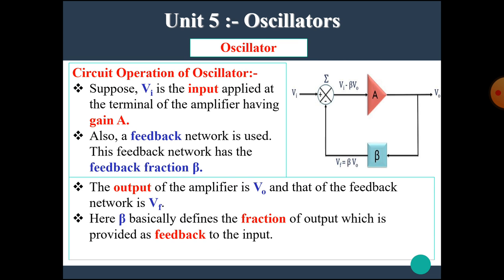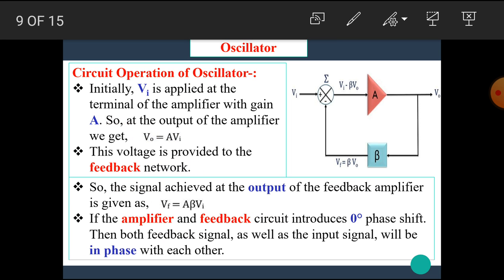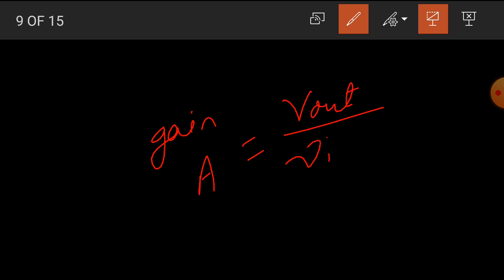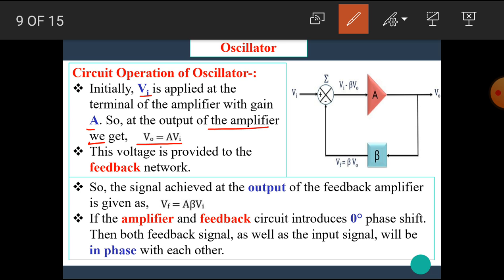Next, initially Vi is applied at the terminal of the amplifier with gain A. We know the gain of the amplifier A is equal to output upon input, that means A is equal to V out upon V in.